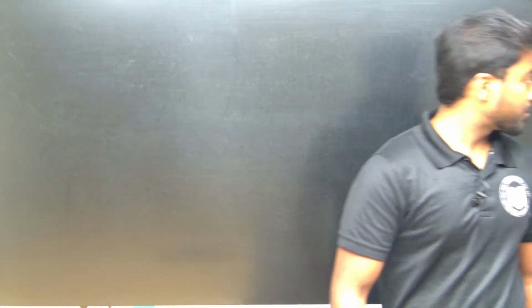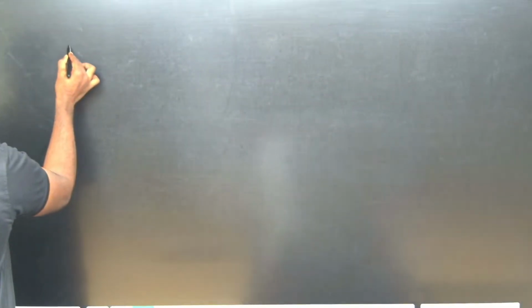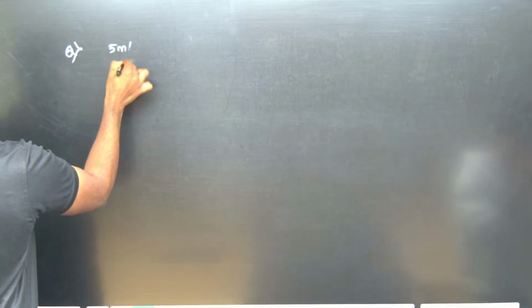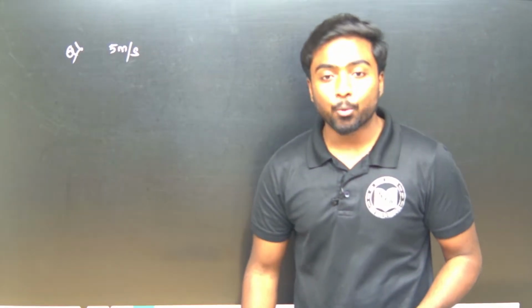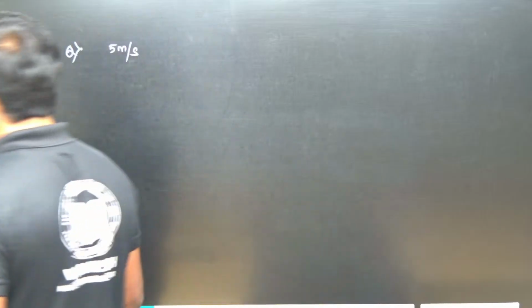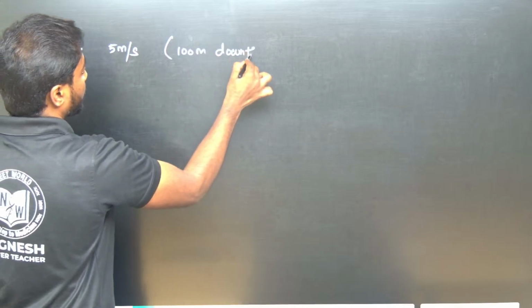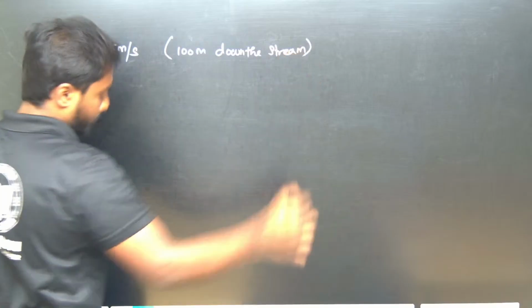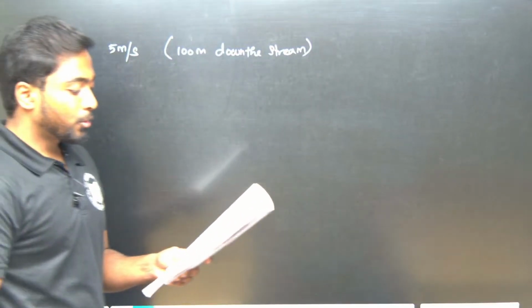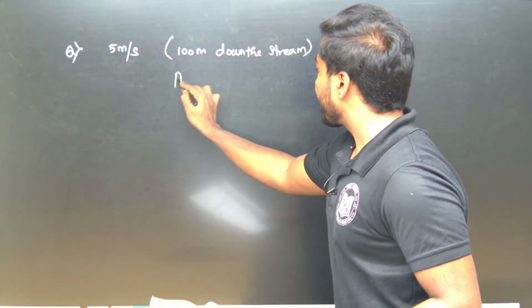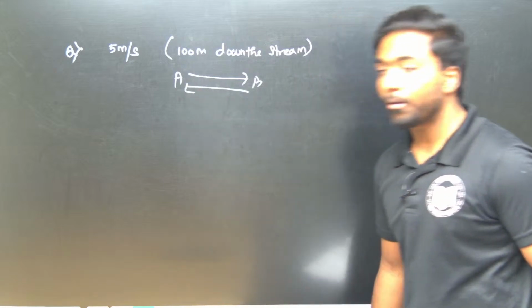So the question is, a man whose velocity in still water is 5 meter per second swims from a point A to B, that is 100 meter down the stream, and back to A. Like he is swimming from point A to point B, again he is going to point A. Now velocity of a river is 3 meter per second.